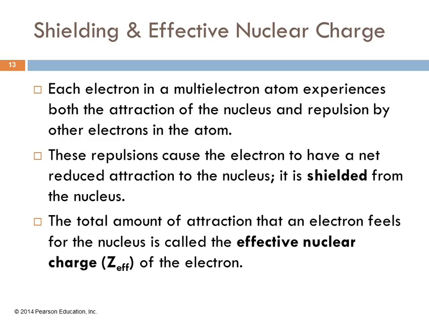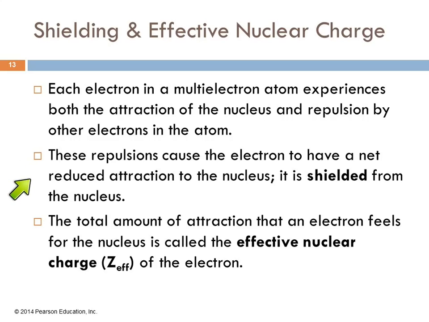Well, what happens in a multi-electron atom is that each electron feels an attraction to the nucleus and a repulsion from the other electrons. Because electrons are negative, and two negative electrons are going to repel each other. The nucleus is positive, and that is attracting the electrons.